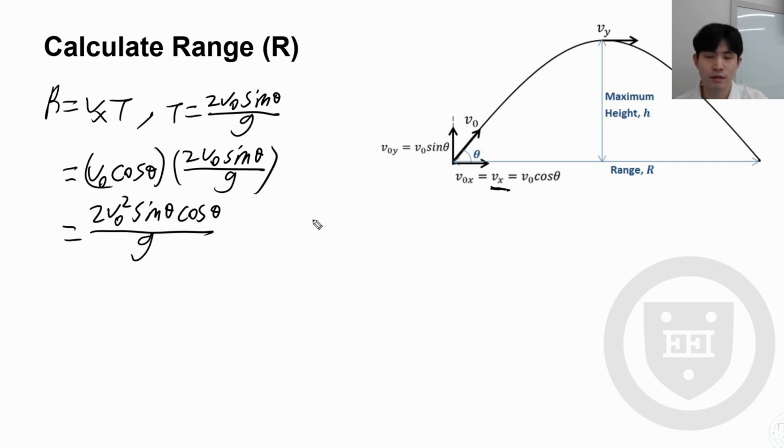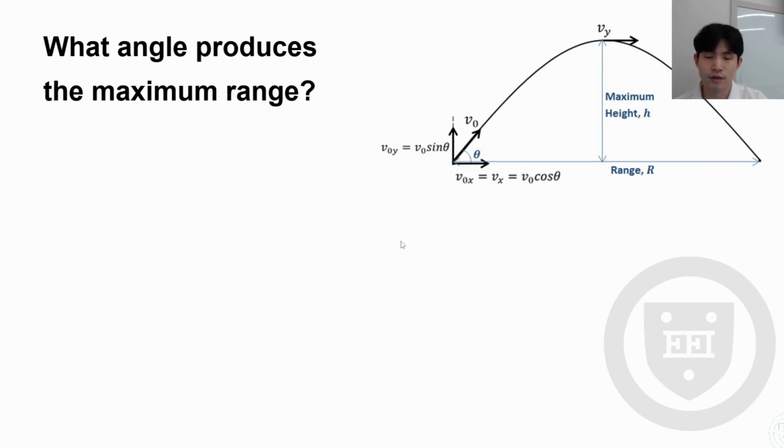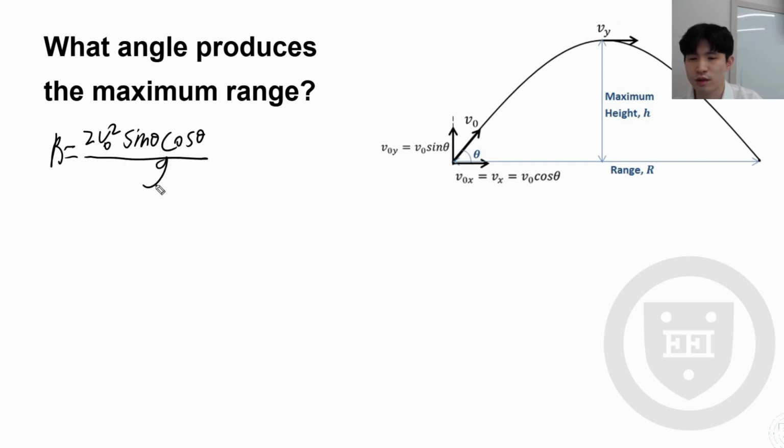Okay, then when range is given like this, what angle produces the maximum range? So in the previous question, we found out that range is expressed as 2V0 squared sine theta cos theta over g, right?